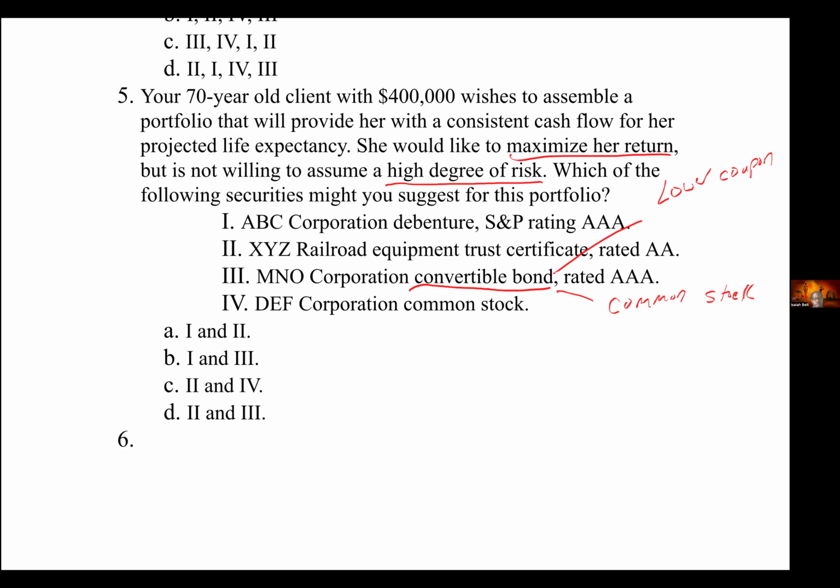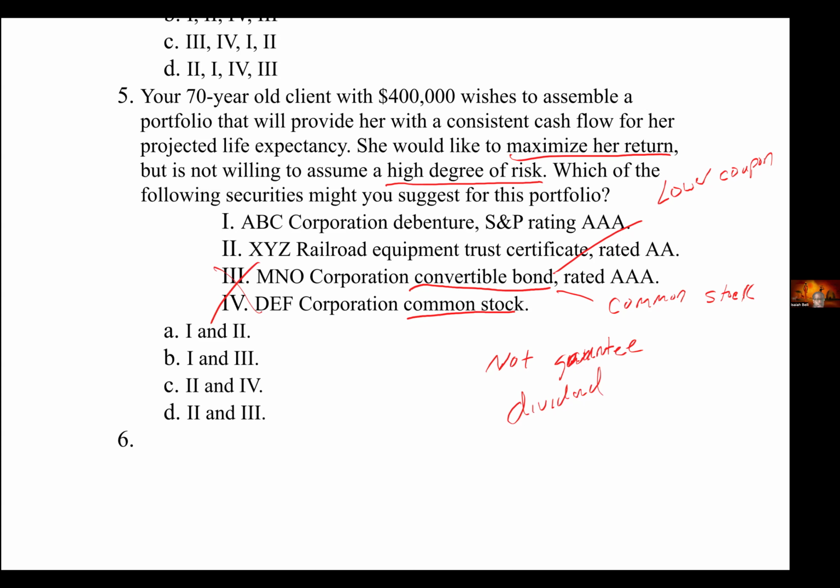And just because I own common stock, that does not mean guaranteed dividends. I was trying to spell guarantee, I'm really bad with spelling. Just because you own common stock does not mean that you're going to get a dividend. So really 3 and 4 both out.